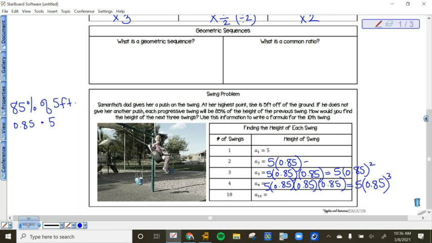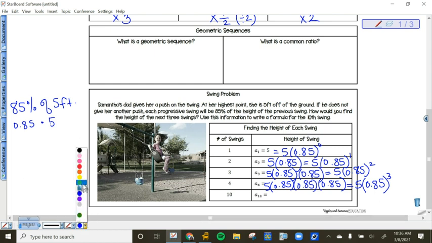And then this one is just 5 times 0.85 to the 1. And then this one I can even write using exponents because it's 5 times 0.85 to the 0.